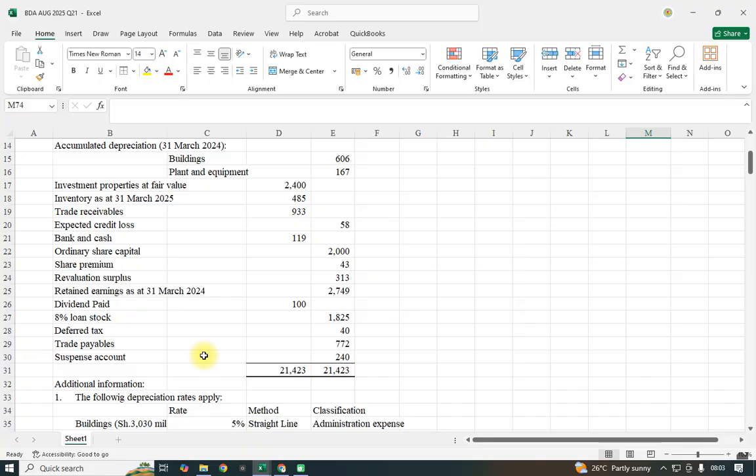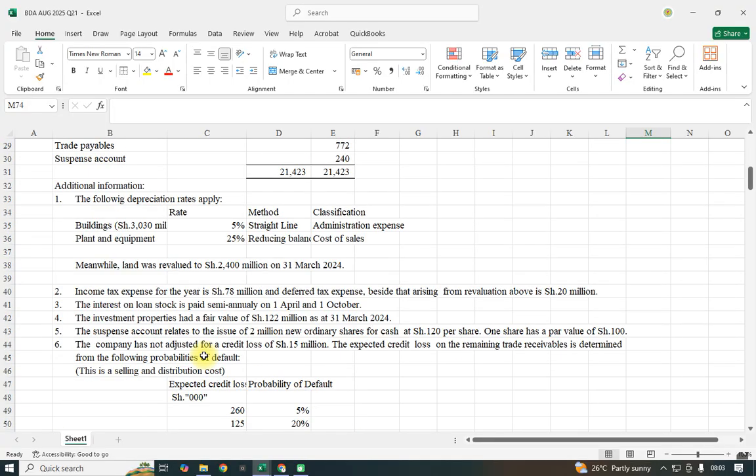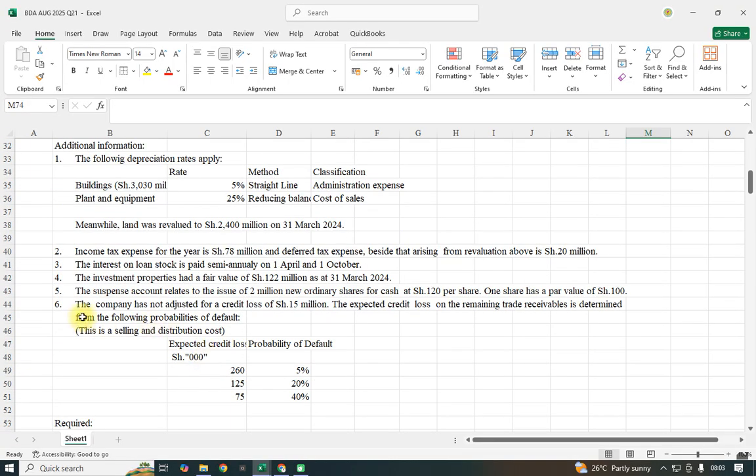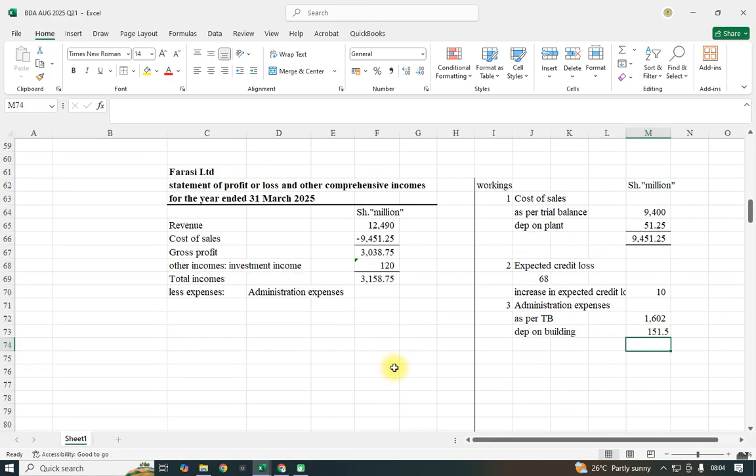That's it. So expected credit loss. No, we had the bad debts. The company has not adjusted for the credit loss of 15 million. The expected credit loss on the remaining trade receivable is determined from the following probability. This is a selling and distribution cost, so the credit loss in this case we shall account for under the selling and distribution cost.